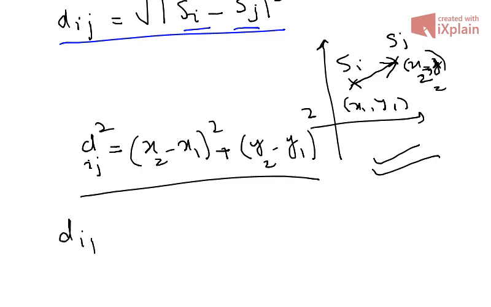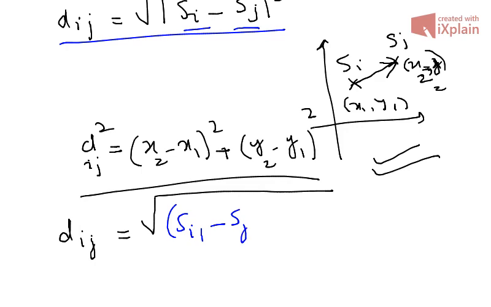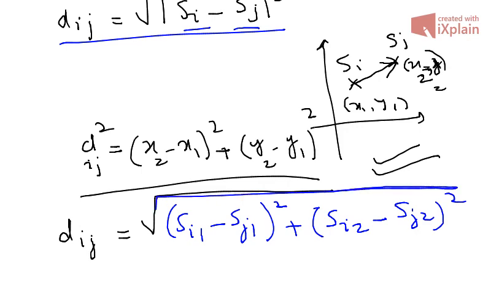When we say dij, we have two signal points, and we use the same expression: si1 minus sj1 square plus si2 minus sj2 square, right? So this is our distance. We will find our Euclidean distance using this expression.